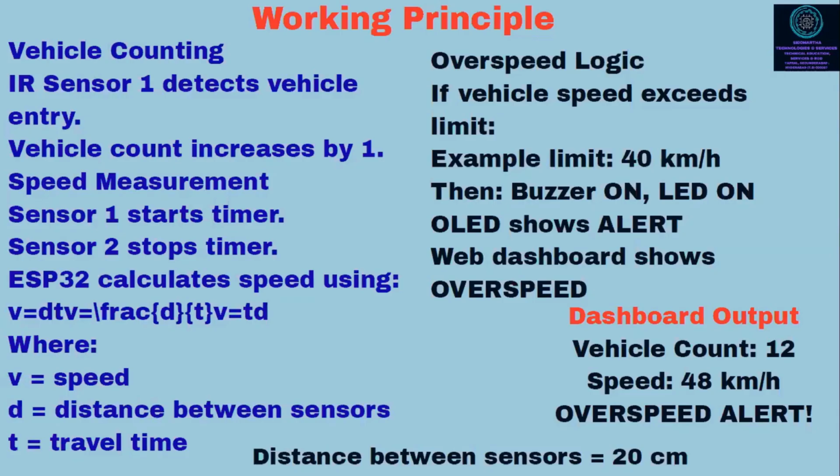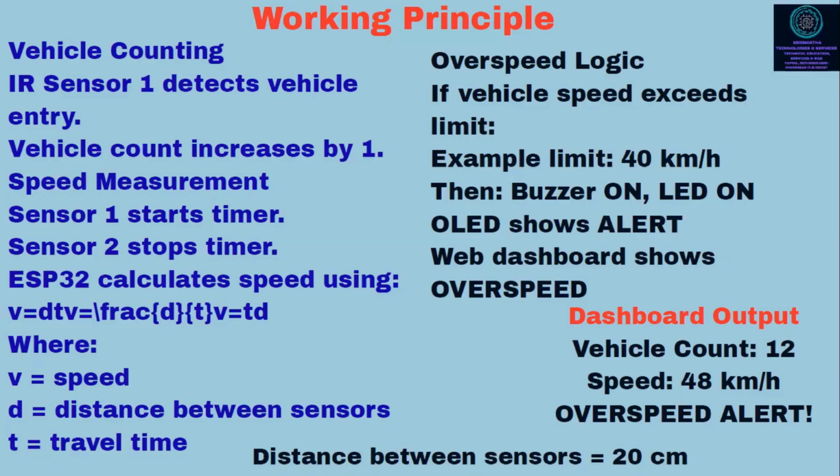For speed measurement, sensor 1 works like a start timer and sensor 2 works like a stop timer. The calculation is done in the ESP32: V = D/T, where V is speed, D is the distance, and T is the time. The same formula is used, and it calculates how much time the car or any vehicle has taken to travel from one place to another, that is, between the two sensors.